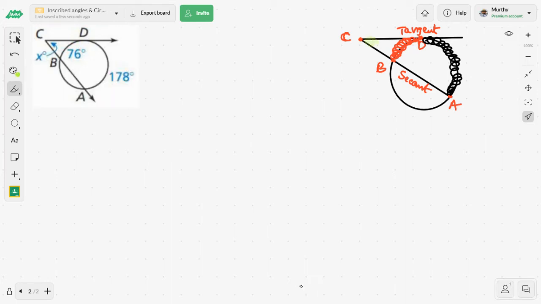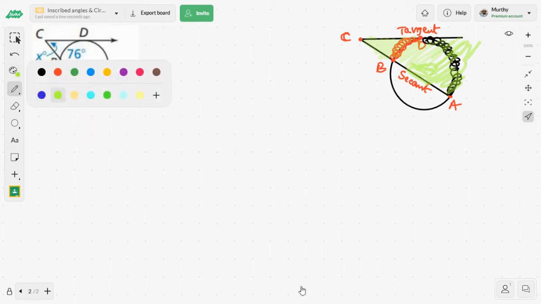This shading you need not do, but if I do that, you can better understand. That's the reason I'm shading this one. You see that I'm talking about these two arcs between the two legs of the angle. One is the long arc, which is outside, and the other one is the short arc.